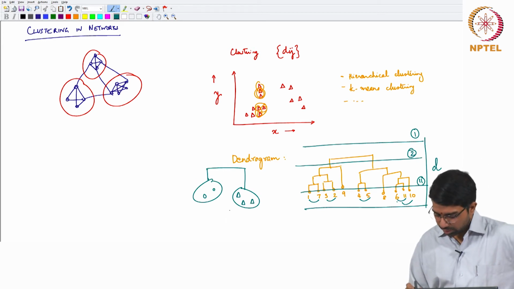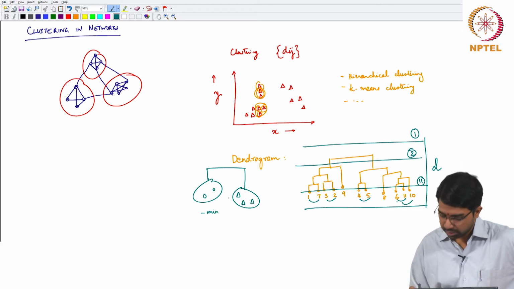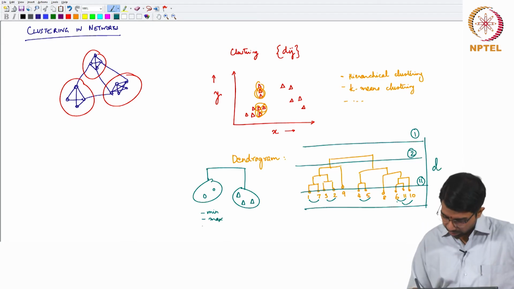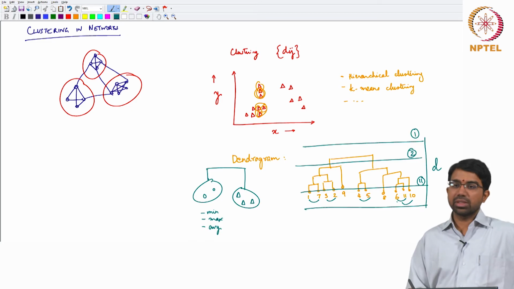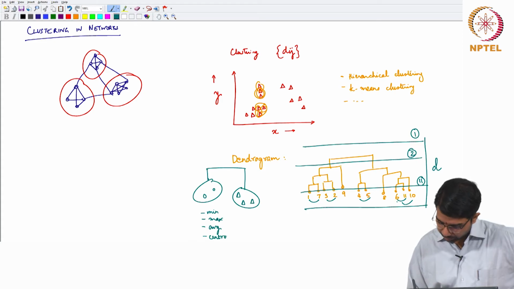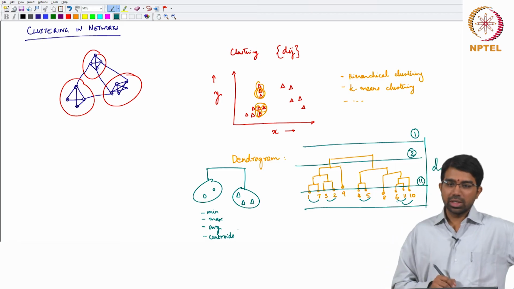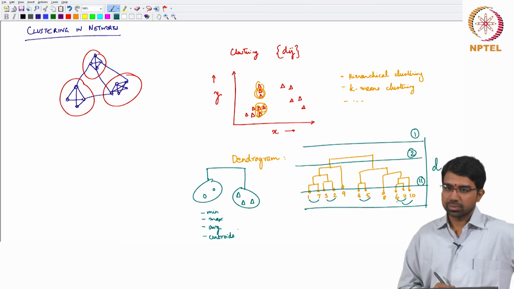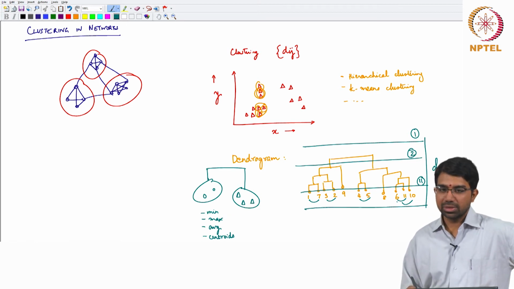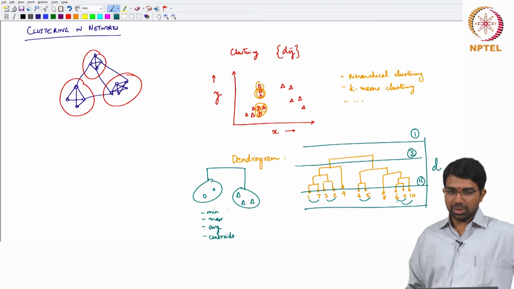You can have minimum distance, maximum distance, average distance, or you could take centroids. Each of these has a different name. You have single link algorithm, complete link algorithm, central linkage algorithm and so on.